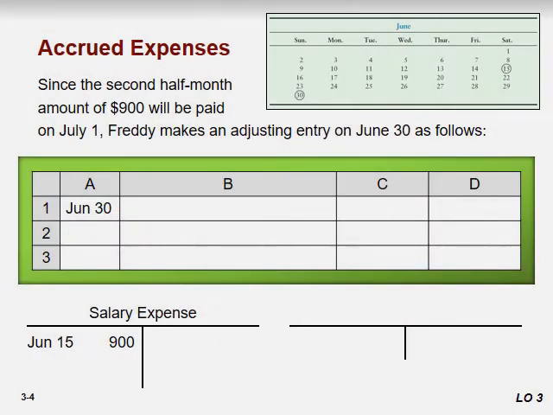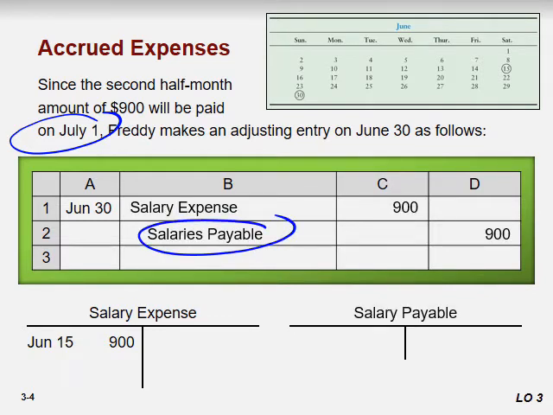But the problem is when you pay on July 1st, you need to make an adjustment of the entries. That is salaries expense to salaries payable. When you close the books, you close the books on 30th June, right? It would be paid on July 1st, but you are now on June 30th.